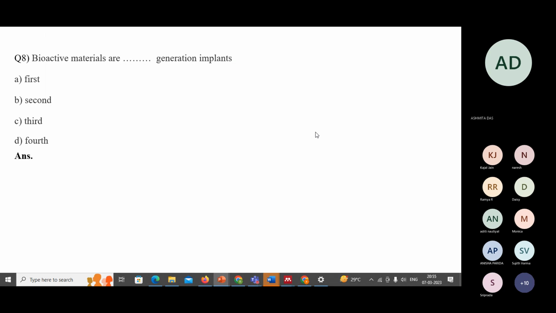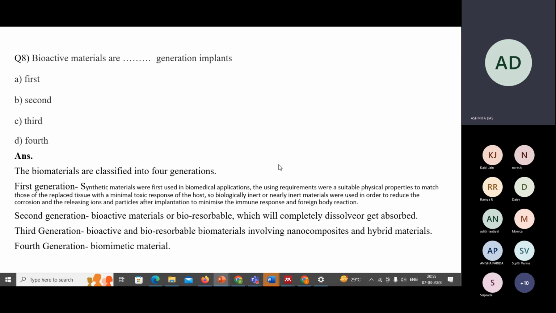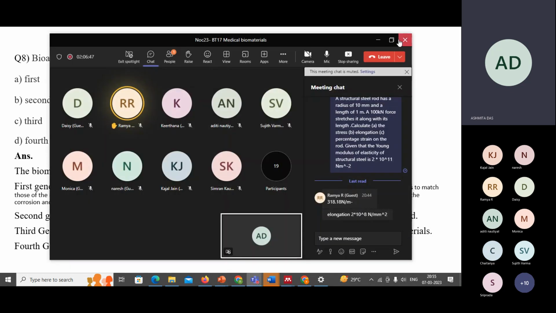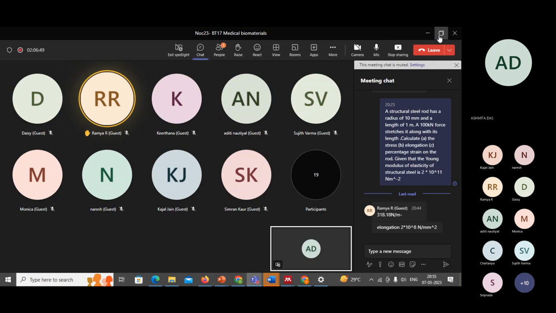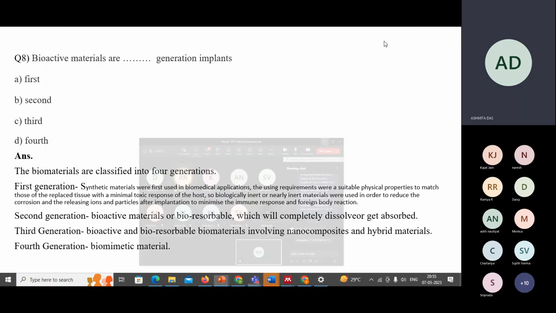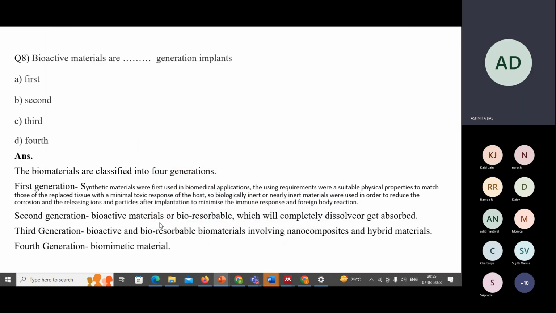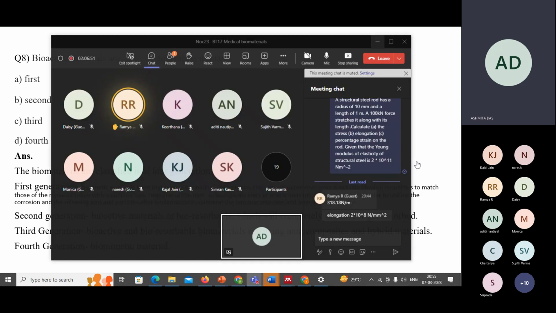So the biomaterials are usually classified in four generations. First generation is the bio-inert materials, which basically considered the metals. The second generation is the bioactive materials or bioresorbables, which completely dissolve in the system.